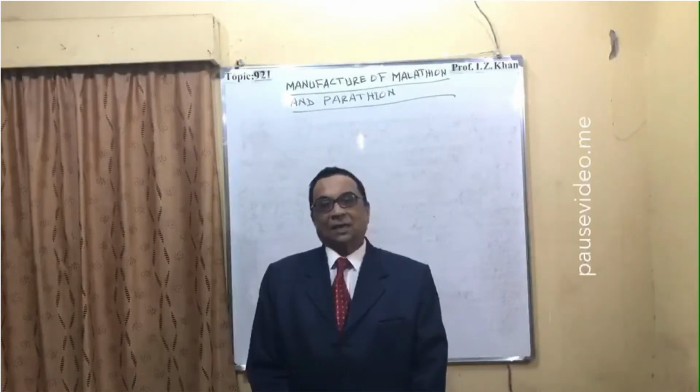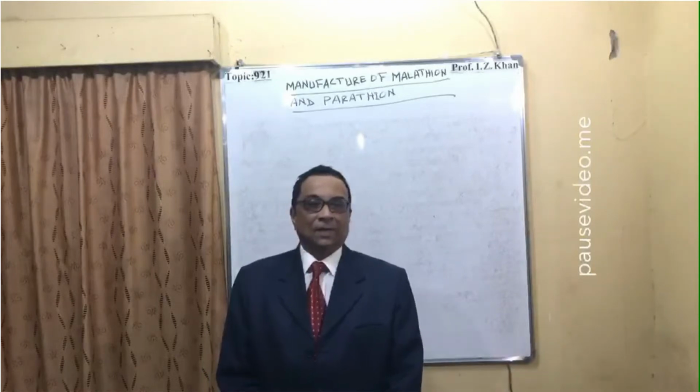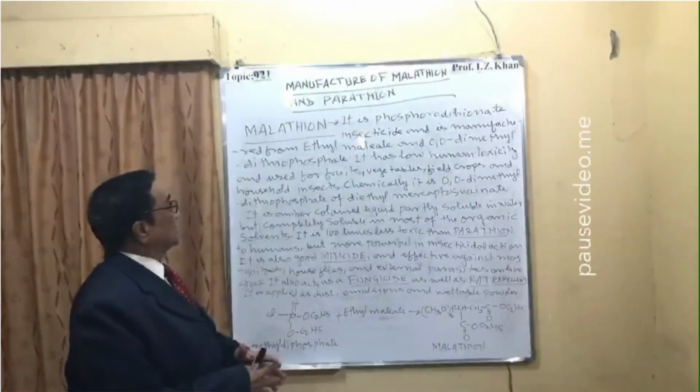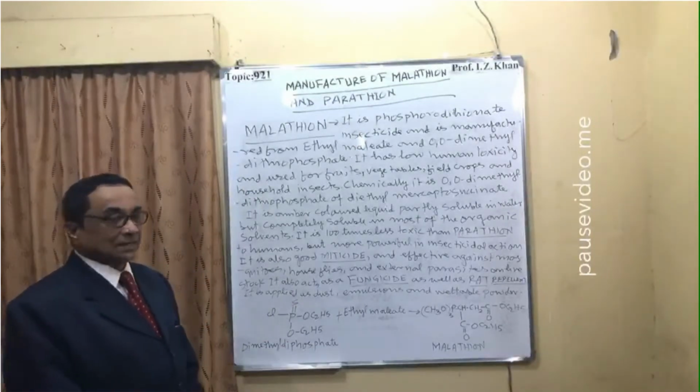Parathion is a more effective insecticide as compared to malathion. So malathion is an organic synthetic insecticide.